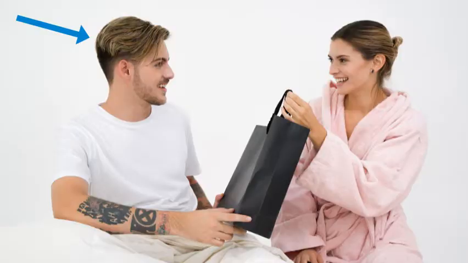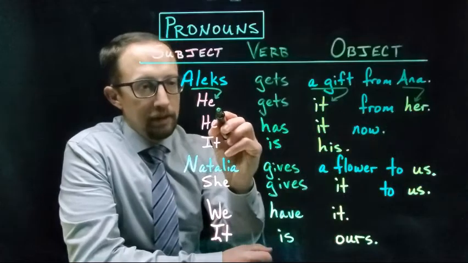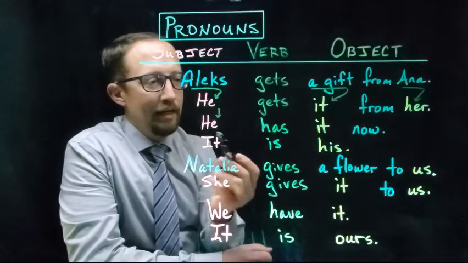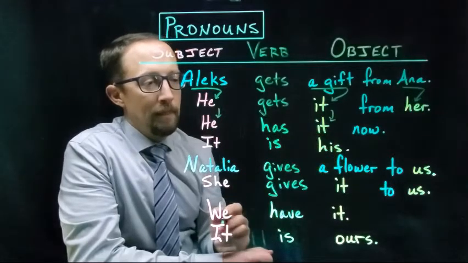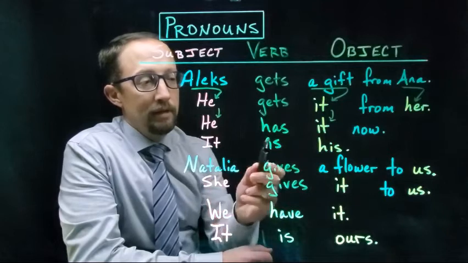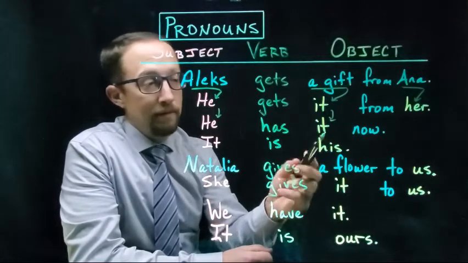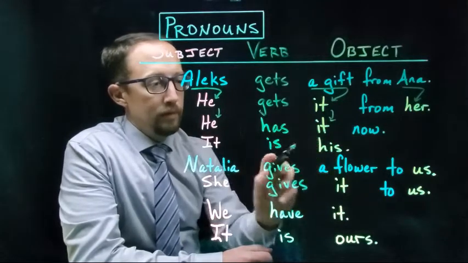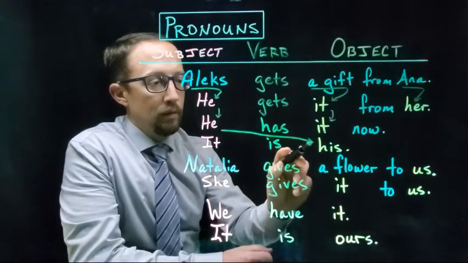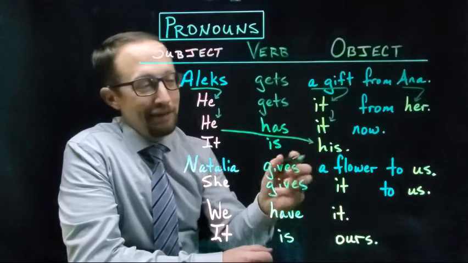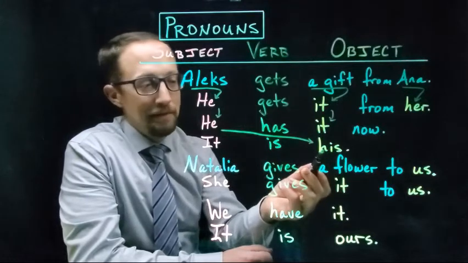He gets it from her. He is still he. He has it now. It is his. So he, when it's on the other side of the verb, changes to his.